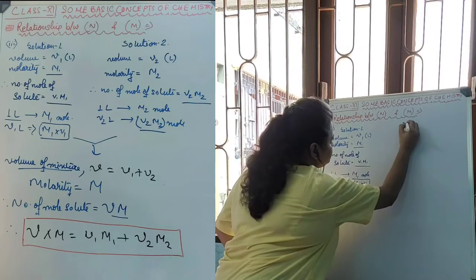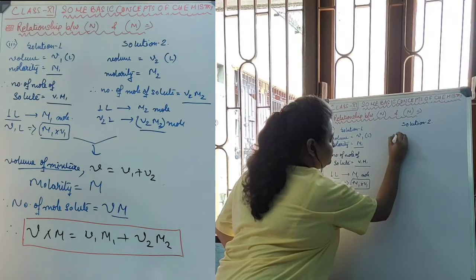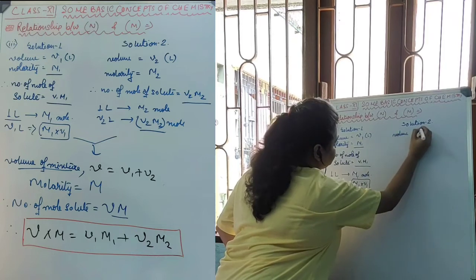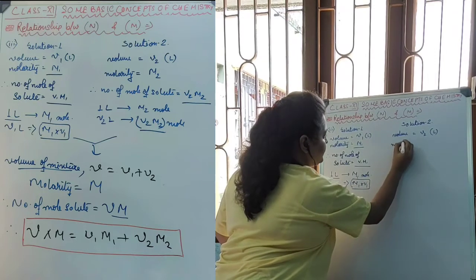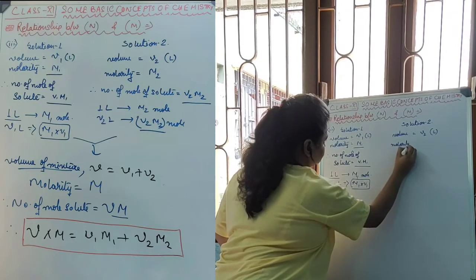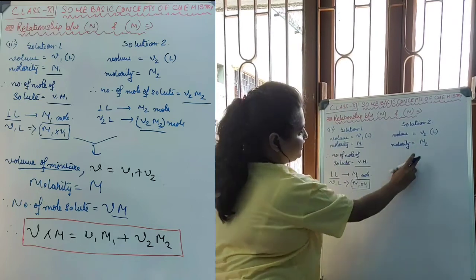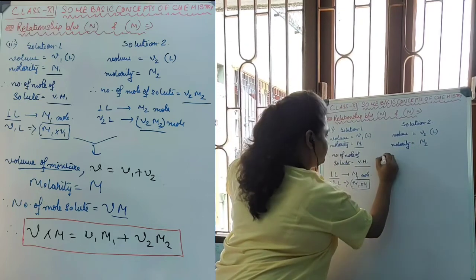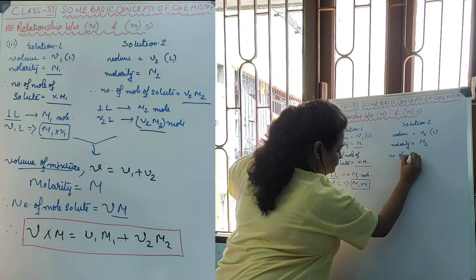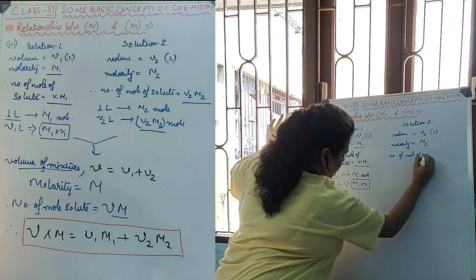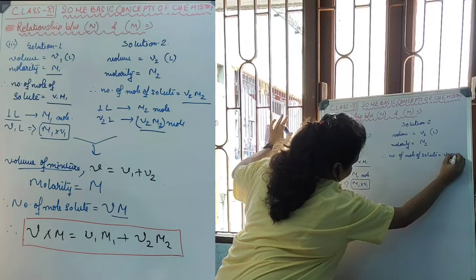Now in solution 2, similarly, the volume of solution 2 will be V2 in liters. The molarity of the solution, let's represent it by M2. Therefore, the number of moles of solute will be V2 M2.